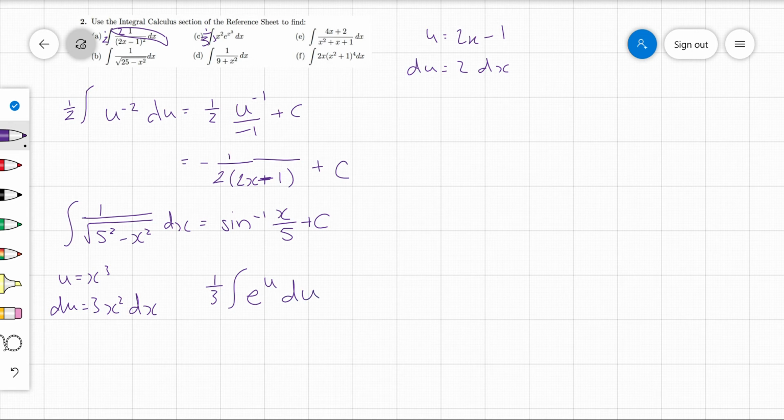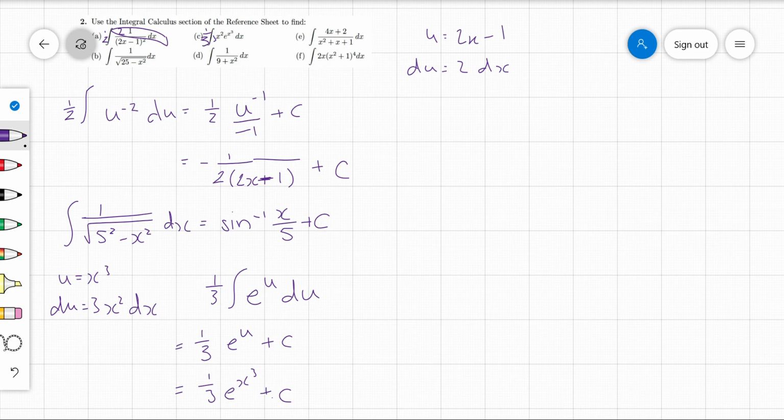Now that makes it really easy, because when we integrate e to the u, we just get e to the u plus c, and don't forget to change u back to x's, so it's e to the x cubed. Some people actually do that kind of part in their head, which you can do, no problem. I'm just setting it out so you can hopefully see it clearly.